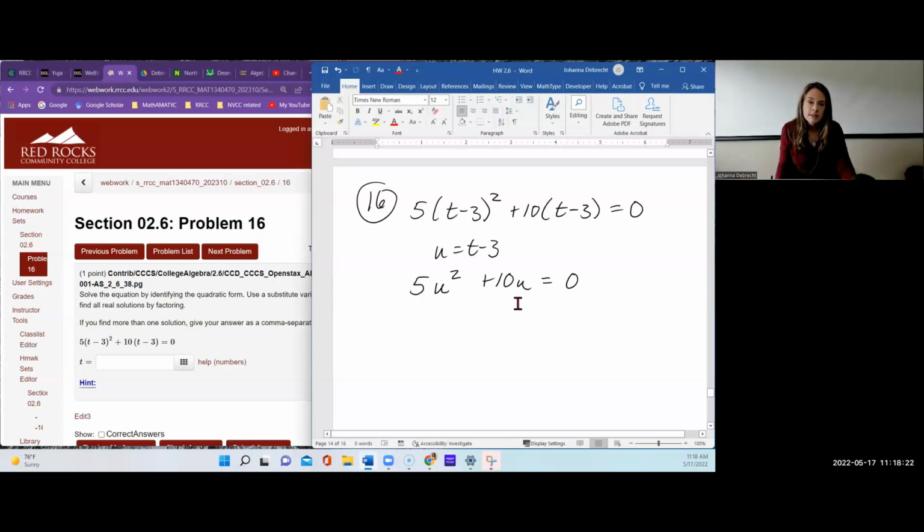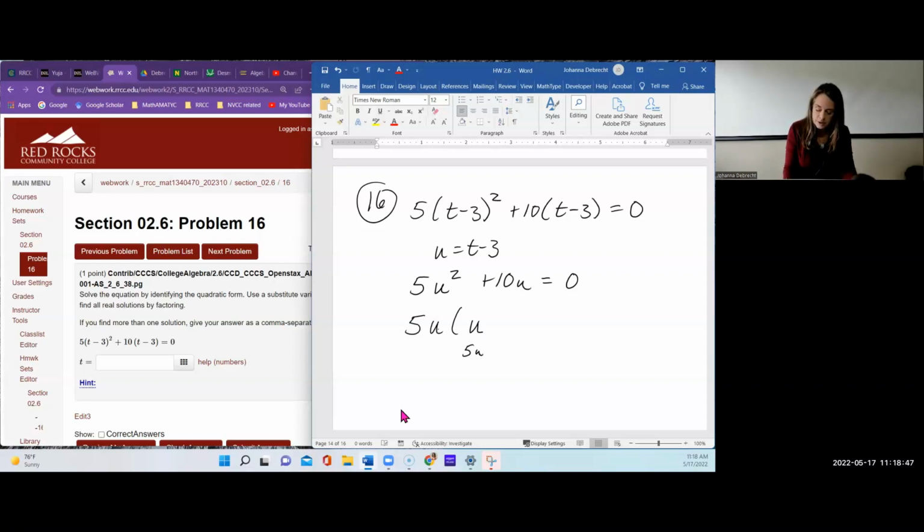Now, looking at this particular problem, I don't have a constant term. If I don't have a constant term, it's not going to factor as the product of two binomials. That means that probably I'm looking for the greatest common factor. Looking at these two terms, I can definitely take out a 5, and they both have at least one u. This one only has one, so that's the most I can take out. When I divide 5u squared by 5u, I get u left behind.